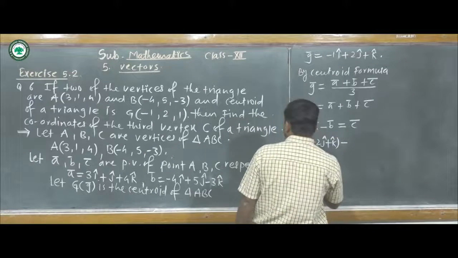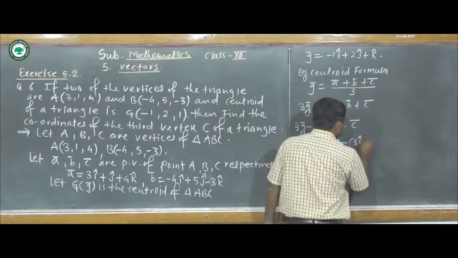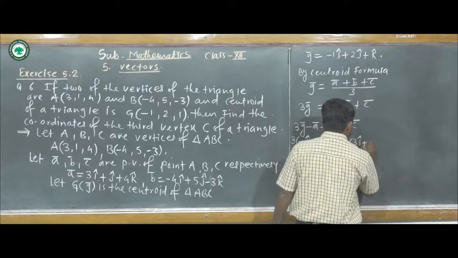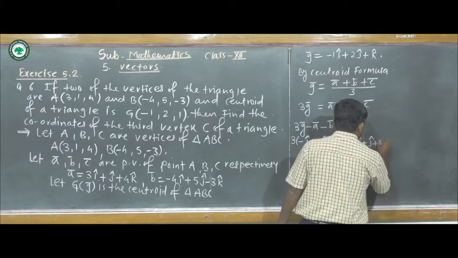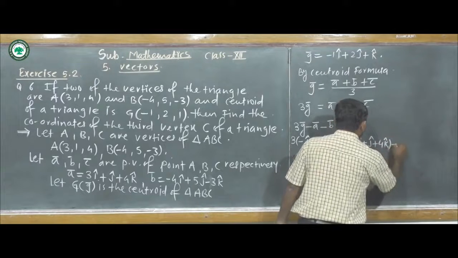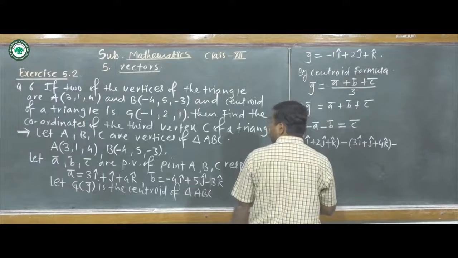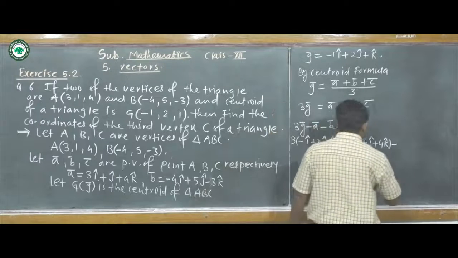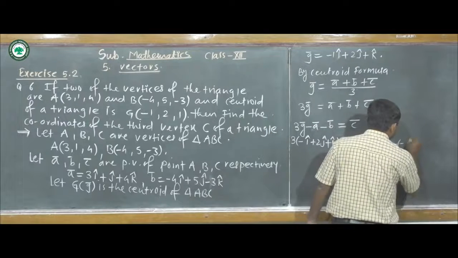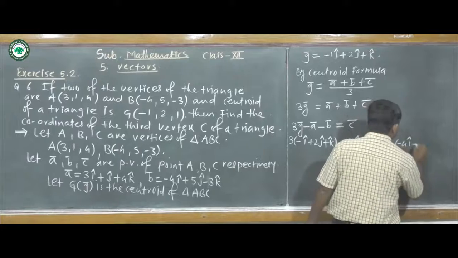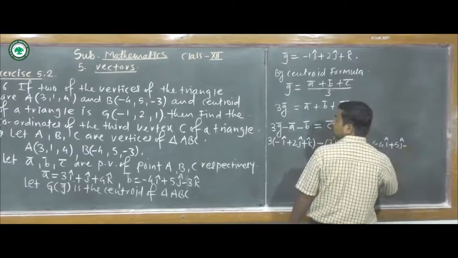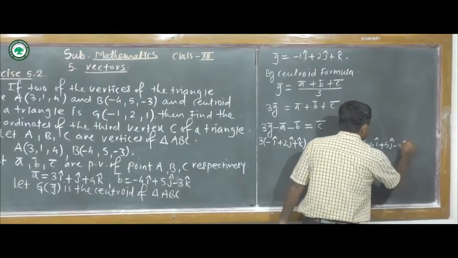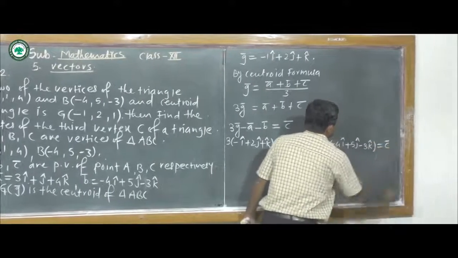What is a bar? 3i cap plus j cap plus 4k cap, minus b bar. What is b bar? -4i cap plus 5j cap minus 3k cap, is equal to c bar.